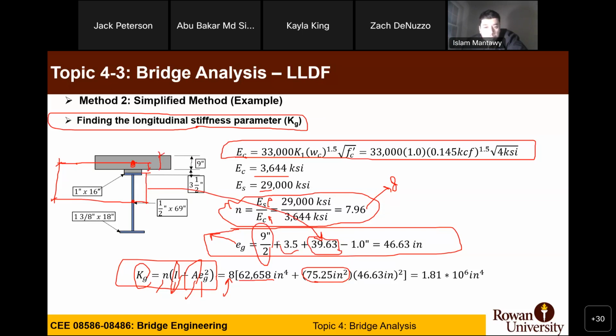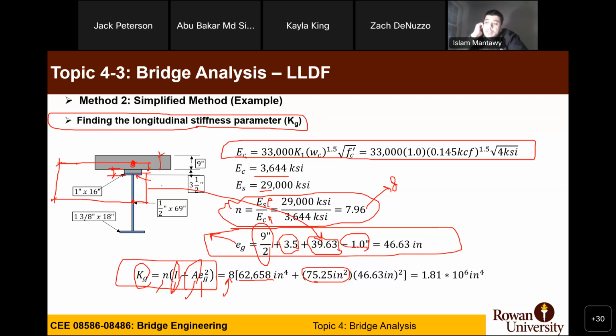The distance 3.5 is from the bottom of the concrete deck to the bottom of the top flange. And 1 inch is the thickness of the top flange, because you actually double count it.